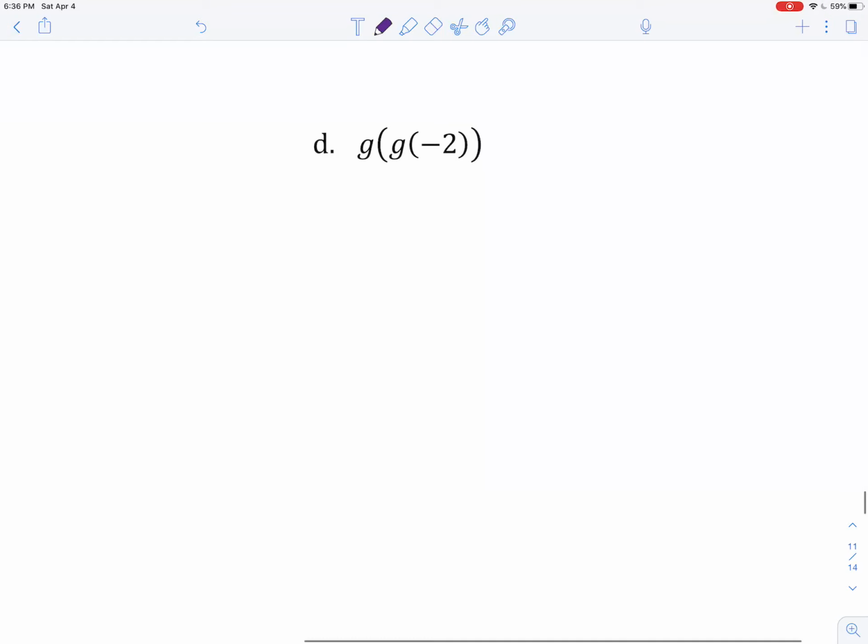Similarly for this last one, g of g, well, it's not even f in here. G of negative 2 is the same thing as negative 2 squared minus 1. Therefore, g of g of negative 2 is equal to g of that whole thing, g of negative 2 squared minus 1.